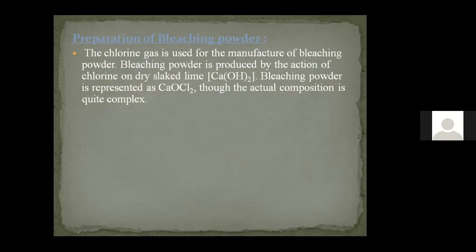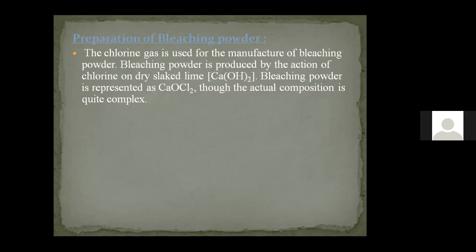So from where do we get the chlorine gas? The chlorine gas is obtained from the previous technique which we studied now. During the preparation of sodium hydroxide, chlorine gas was liberated from the anode. That chlorine gas is used as a raw material in the preparation of bleaching powder.